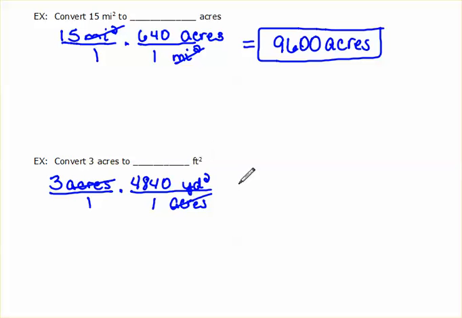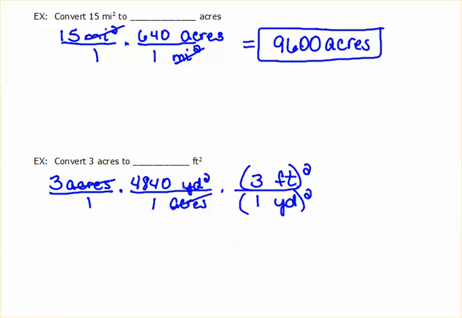We want square feet. So I'm going to have to multiply by another conversion factor. If I put yards on bottom so that it will cancel out, there is a relationship between yards and feet, and that relationship is 3 feet to 1 yard. But I don't just want yards, I want yards squared. So I'm going to have to square the top and the bottom.